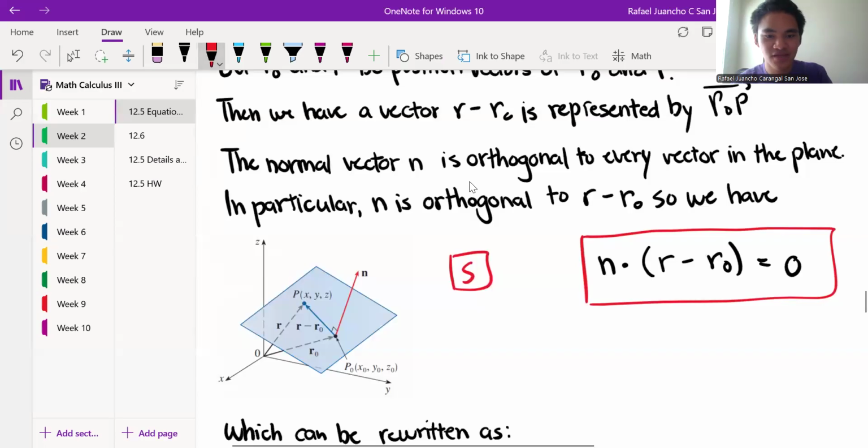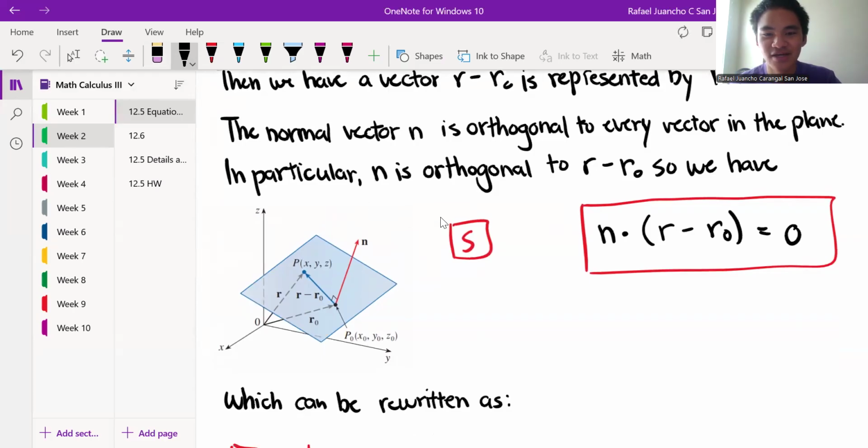So what does that mean? It's perpendicular to this vector, to this vector, even to this vector because we can draw it here, and even to this vector. You can also draw it here. My drawing's not to scale, so don't mind it, but that's the idea.